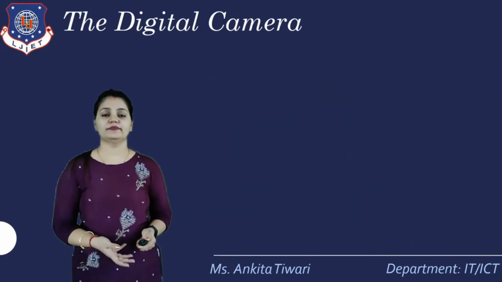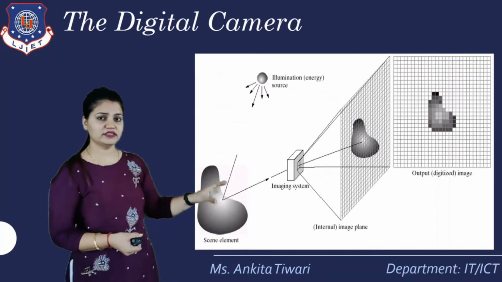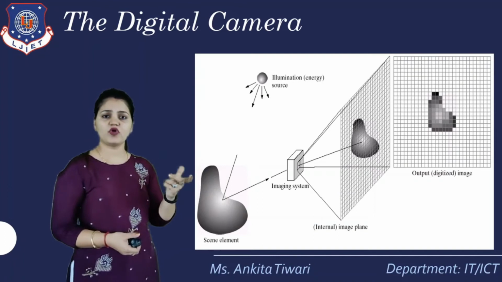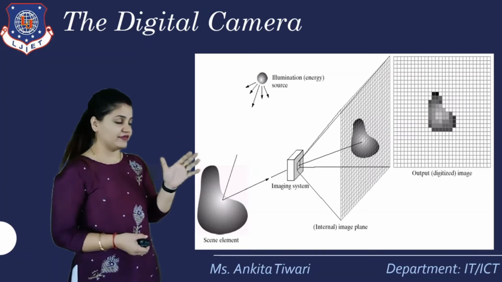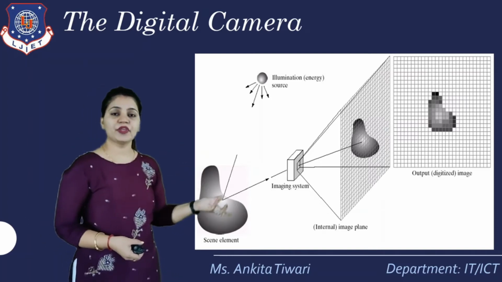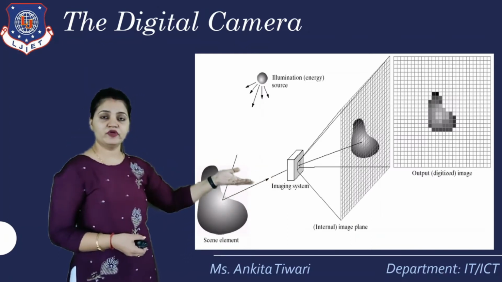Okay. So the digital camera is basically defined by this somewhat small image, a simplification of how the image is being captured. As you can see here, we are having an imaging system, which in depth we are going to study.